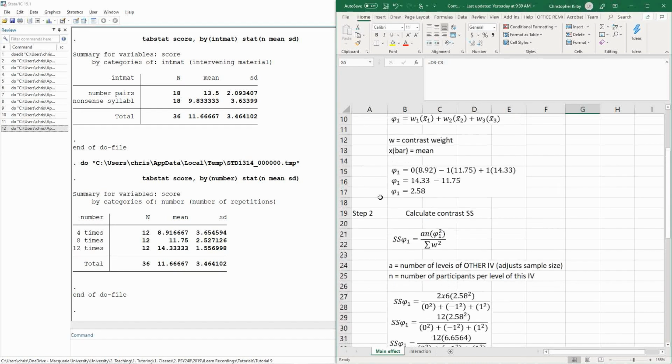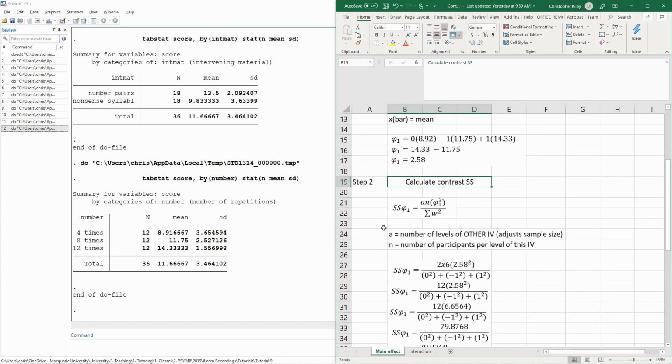So now that we've got our contrast weight, we need to calculate our sums of squares for the contrast. So now we have sums of squares for contrast 1, and the formula gets really nasty. So we have a fraction. The top half of the fraction says A times N times the square of contrast 1. And then underneath, we have the sum of W squared.